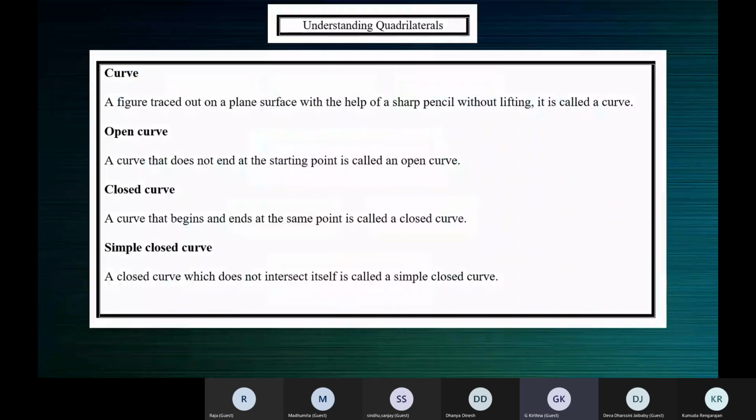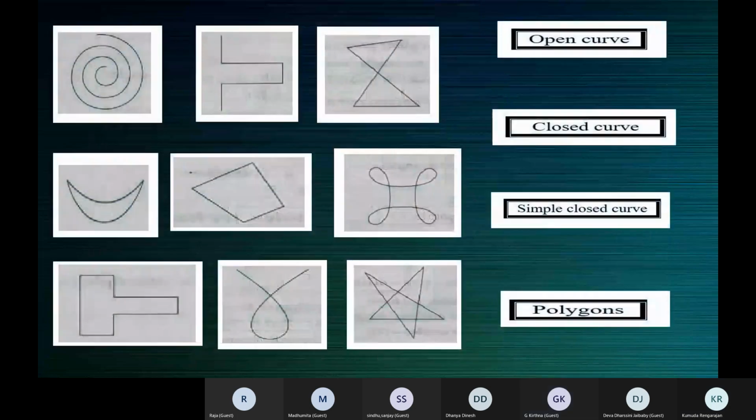The example of the curves, ma'am. 1 minute, ma'am. Yeah. Done?